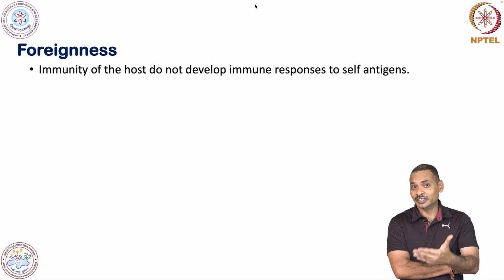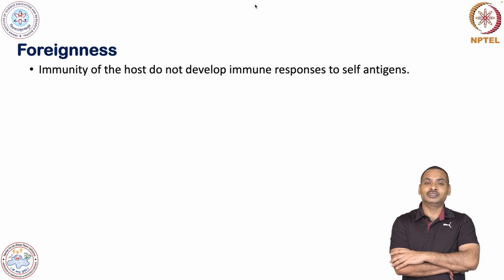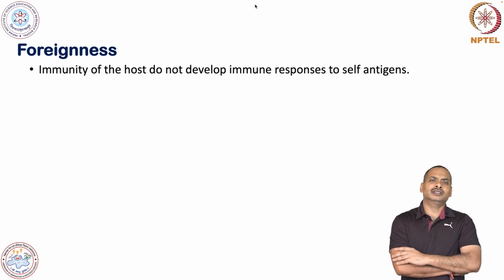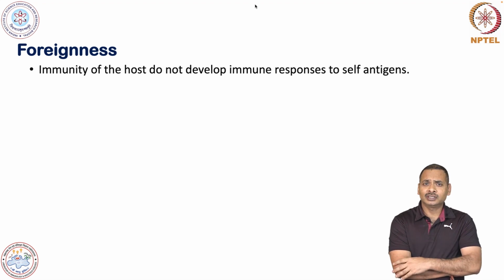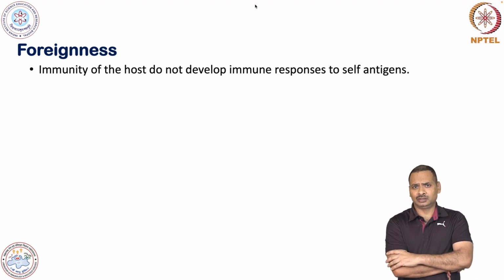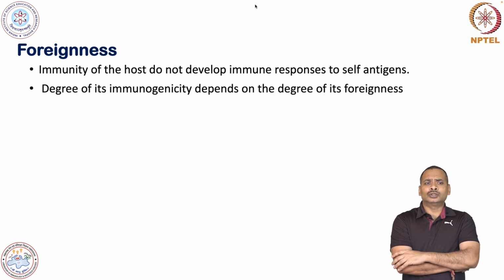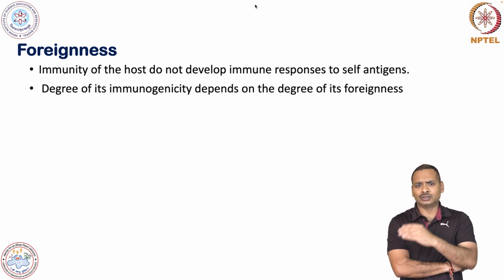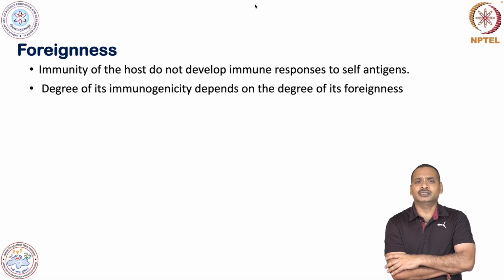It will not induce an antibody response. In order to have a good antibody response, the protein or molecule should be of distinct origin. In very simple words, the degree of immunogenicity depends on the degree of foreignness.